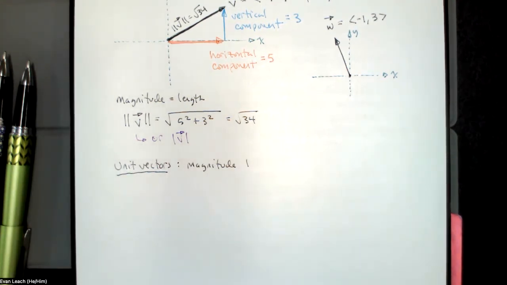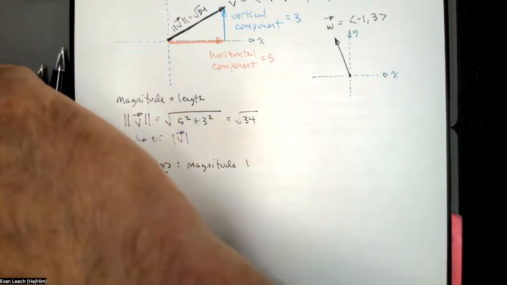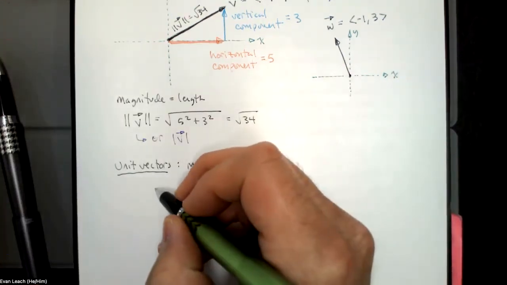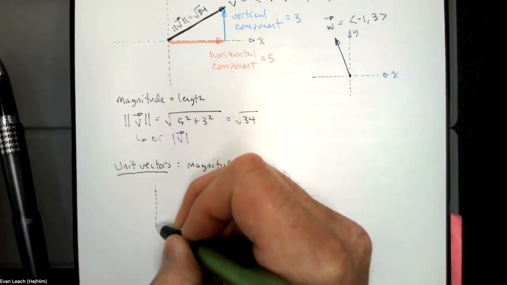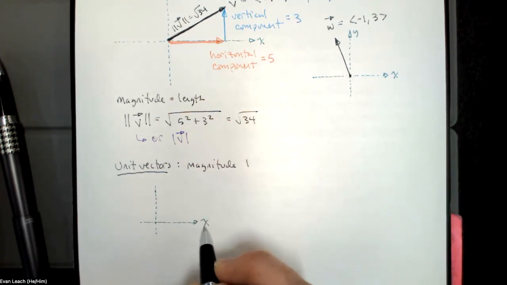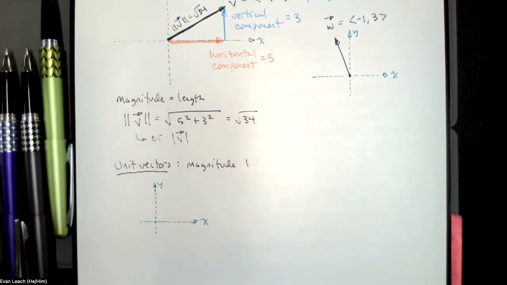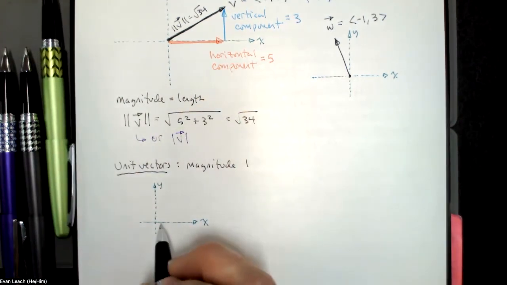Unit vectors. So a unit vector just means it is a vector with a magnitude of 1.